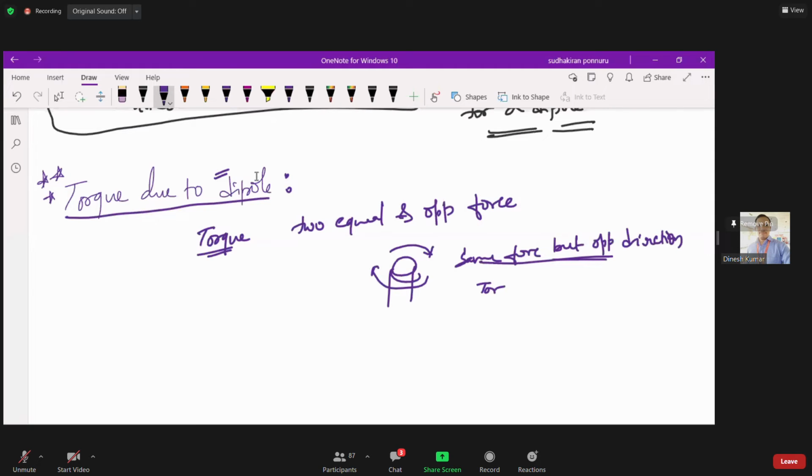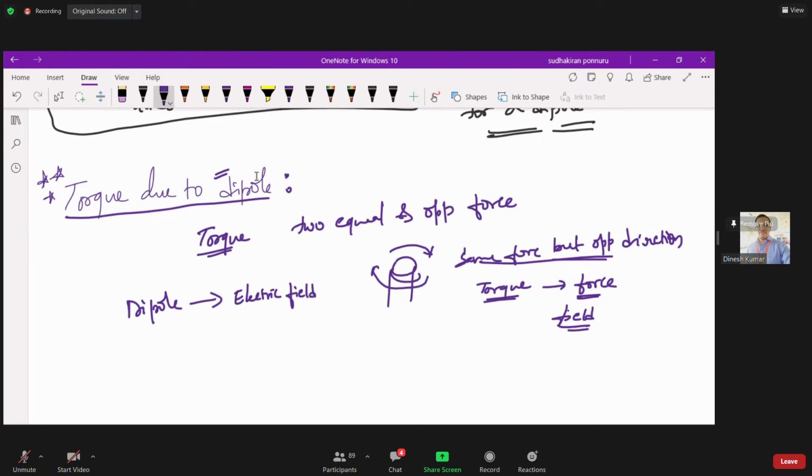So here, in order to have the torque, definitely we have to have the force. And if you want to create the force, definitely there should be a field. So now we are going to take a dipole and place that dipole in an electric field.